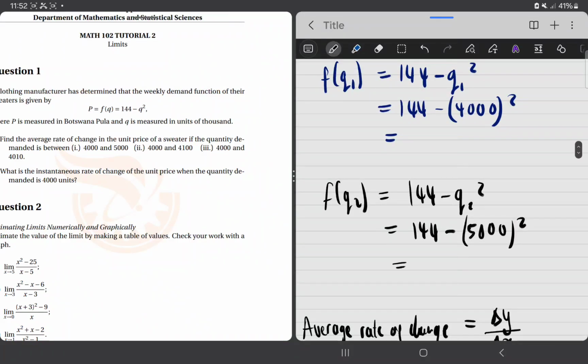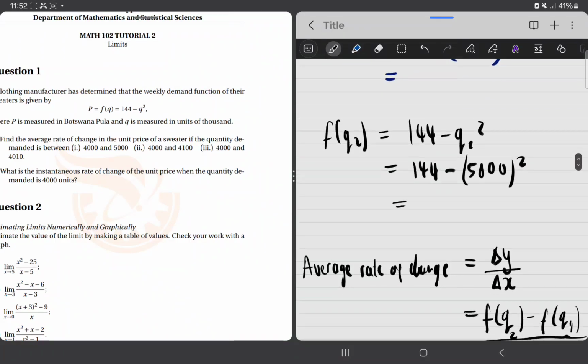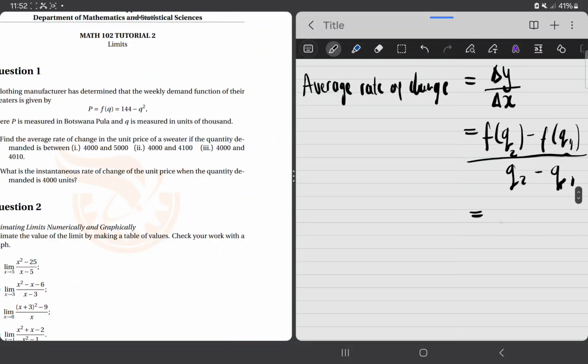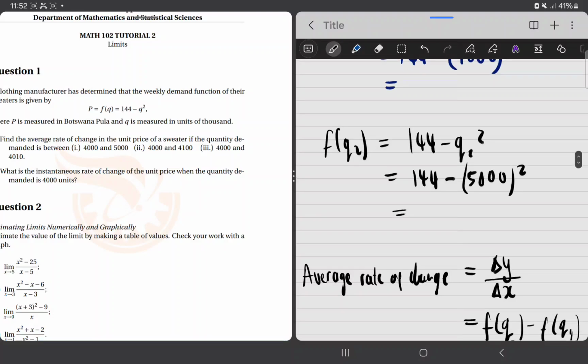So we take what f of q2 would be, substitute, and we'll get our solution.